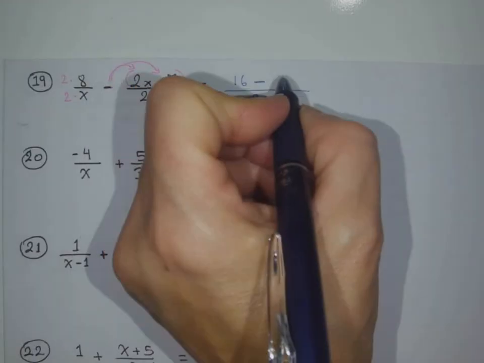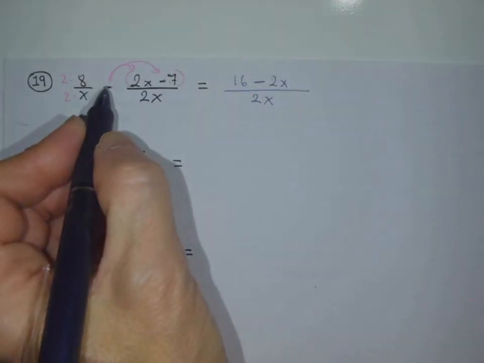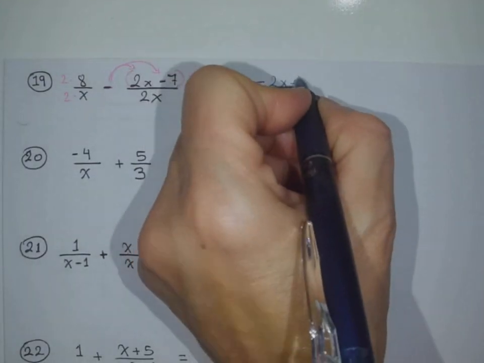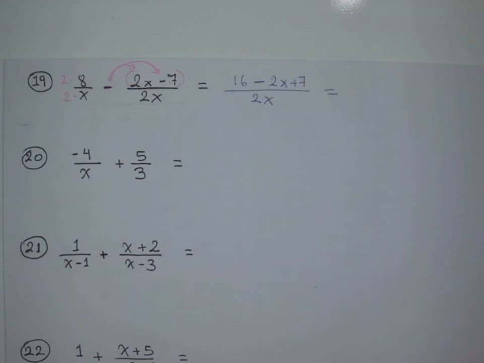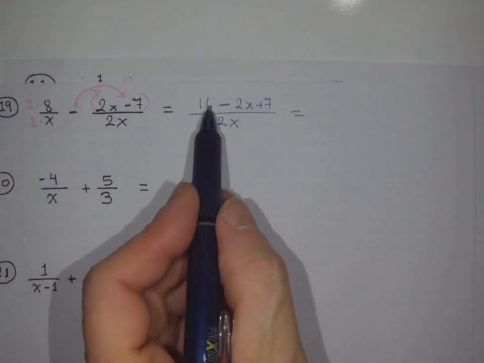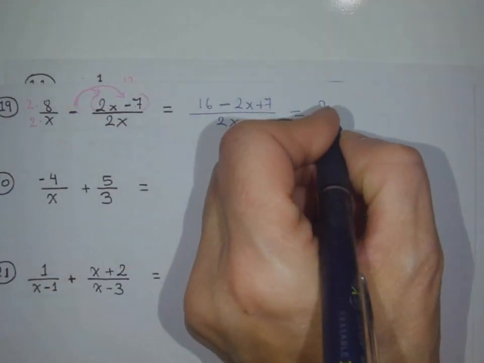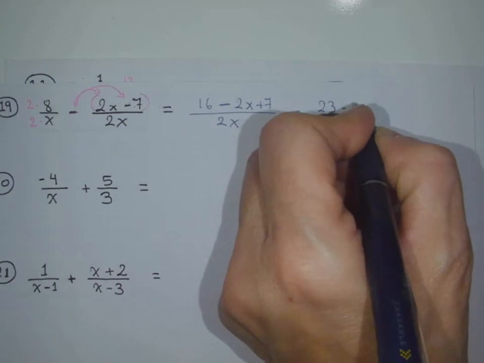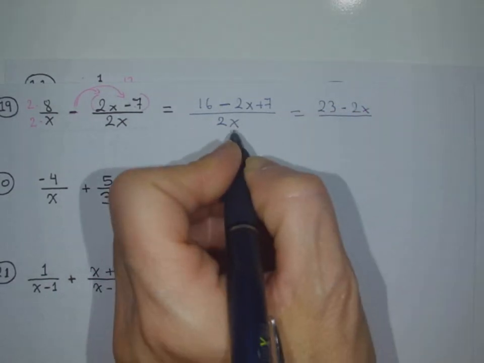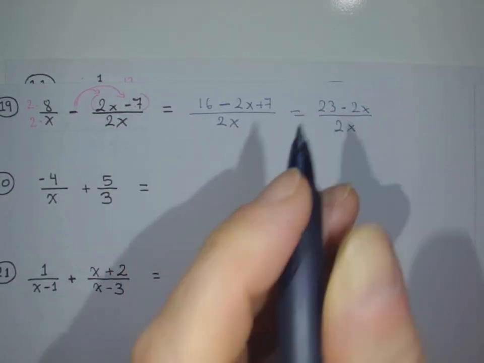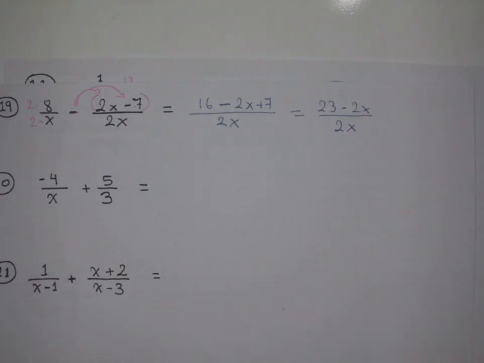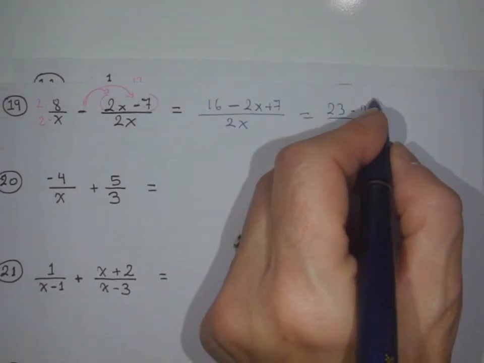So negative 2x, and then minus minus becomes plus 7. Put your like terms together. 16 plus 7 will be 23, and then minus 2x divided by my common denominator of 2x. And we're going to leave that as such.